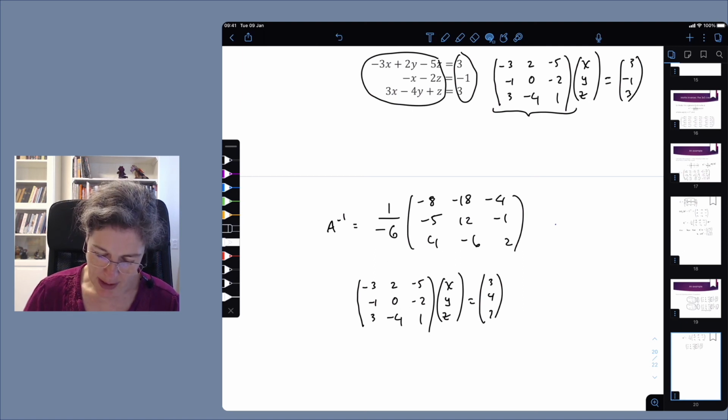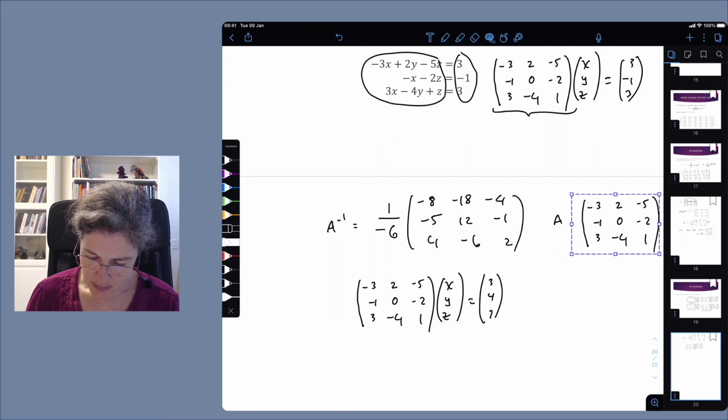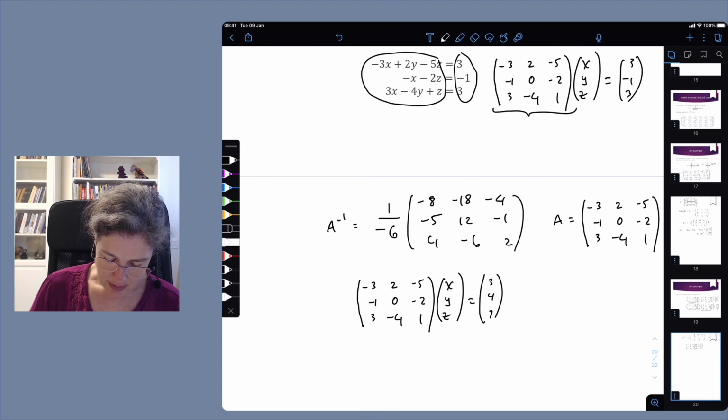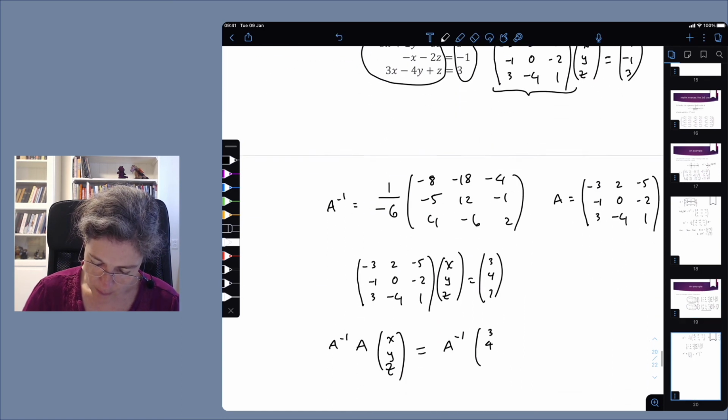So remember that our A is this thing over here. So if we take our A inverse times our A times our XYZ, then we've got to also have our A inverse times our 3, 4, 3.